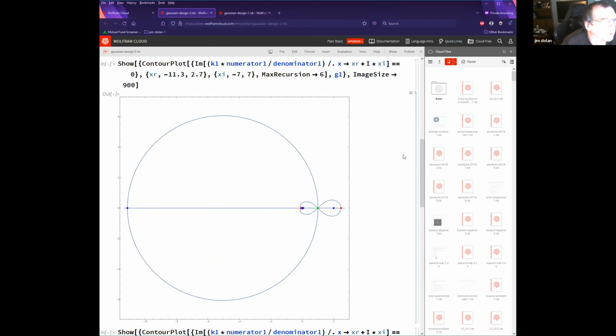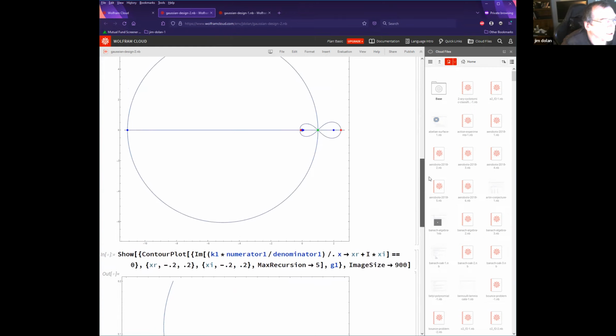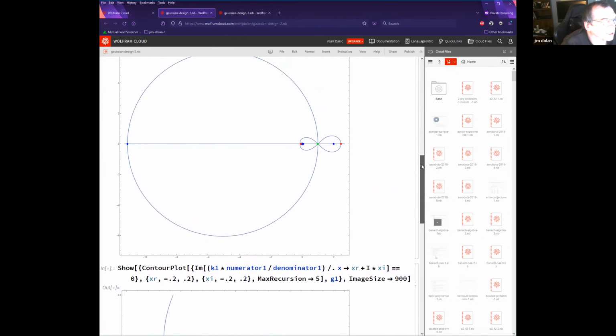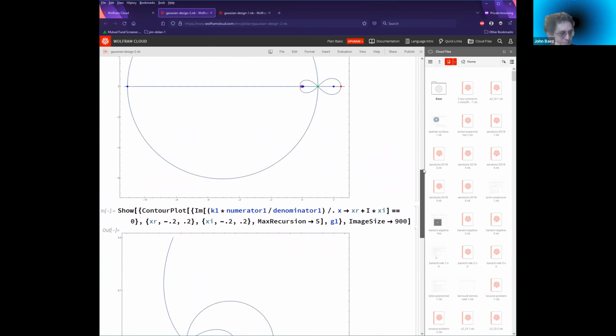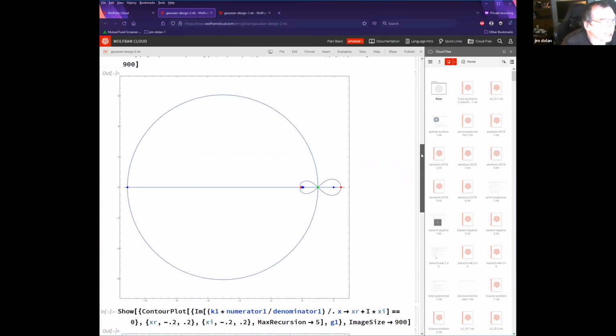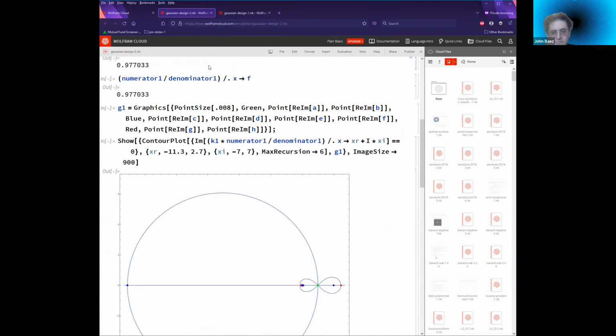Let me go back to this one here, the one with the little magnified section. One thing you can clearly see in this example is that it's got bilateral symmetry. And not only does it have bilateral symmetry, but it has all of the vertexes lying on the symmetry axis. Let's compare it to the other one now.